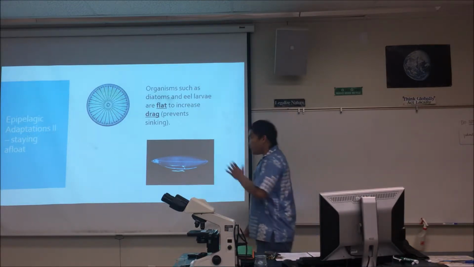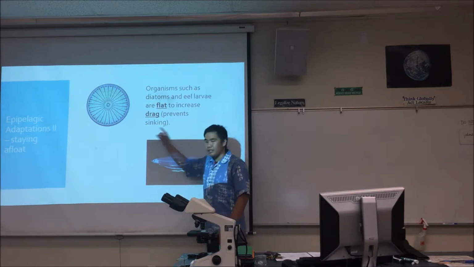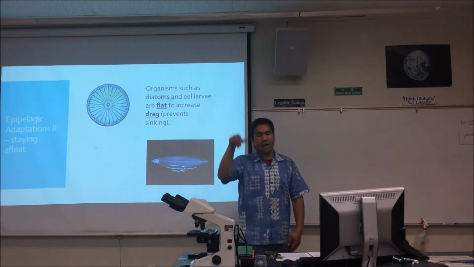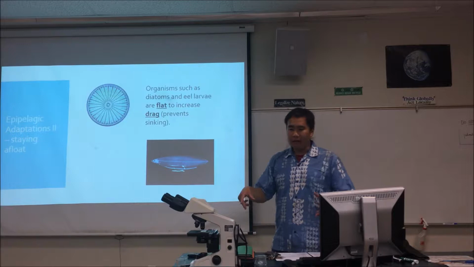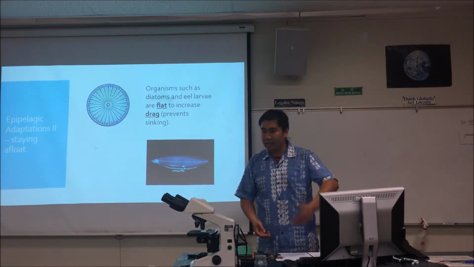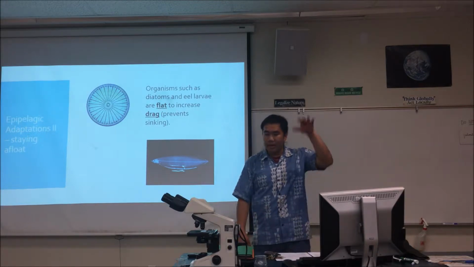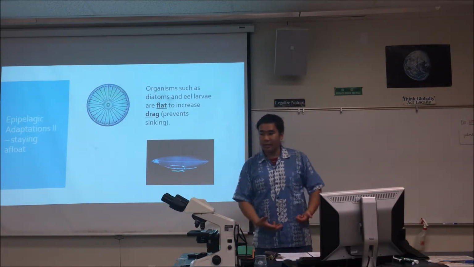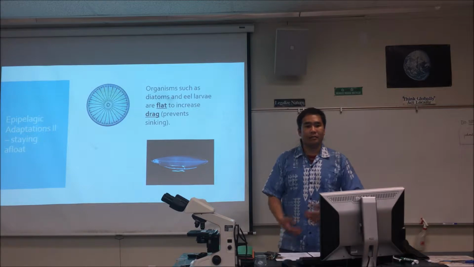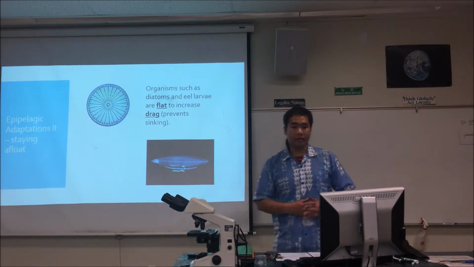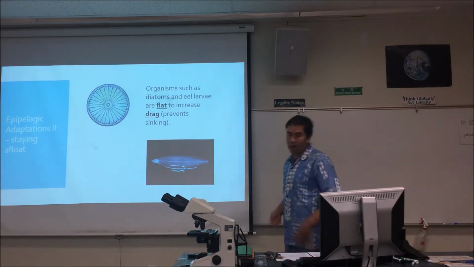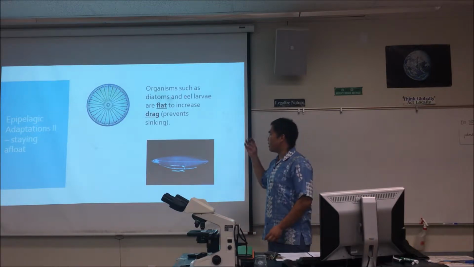So the idea of increasing drag is to prevent sinking, because sinking is a downward motion, and if you have a lot of surface area, then you will sink slowly. Think about a leaf versus a rock dropping. The leaf with the surface area is going to drop slower because it has more drag, more air resistance. And here we're concerned with water resistance, but the same thing applies, drag.